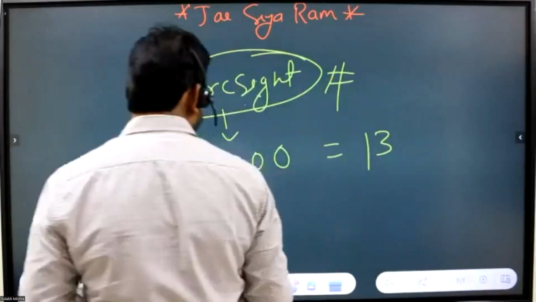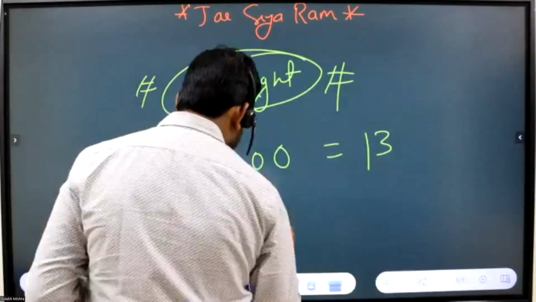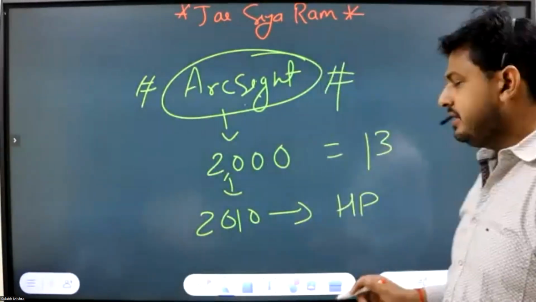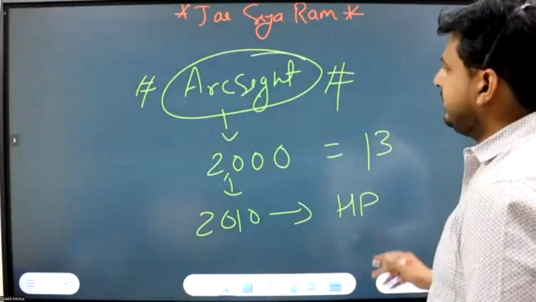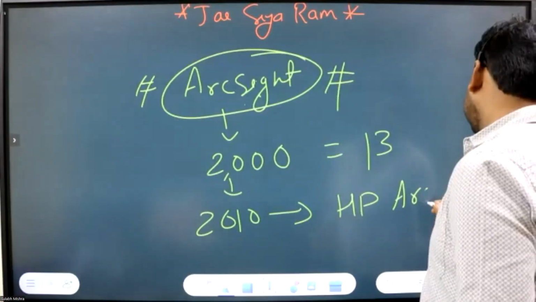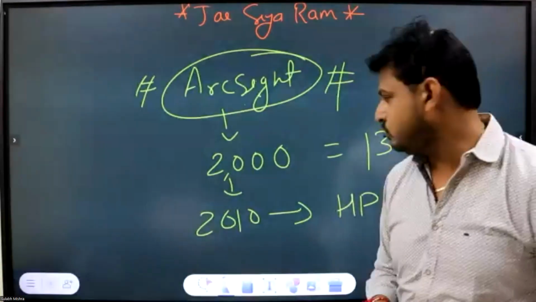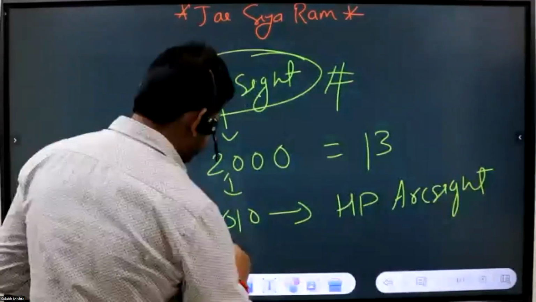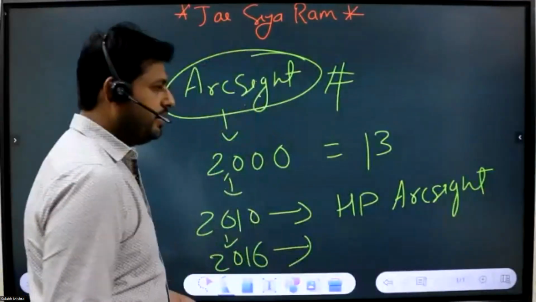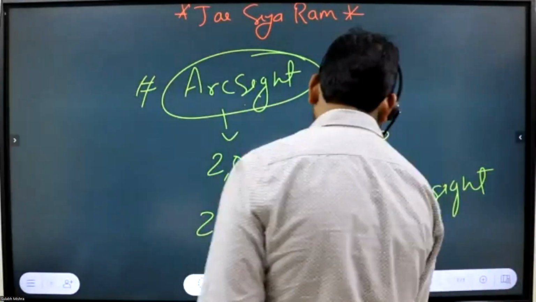In 2010, it was acquired by the HP company, and after HP acquired it, people started calling it HP Arcsight. In 2016, HP gave this tool to Micro Focus.